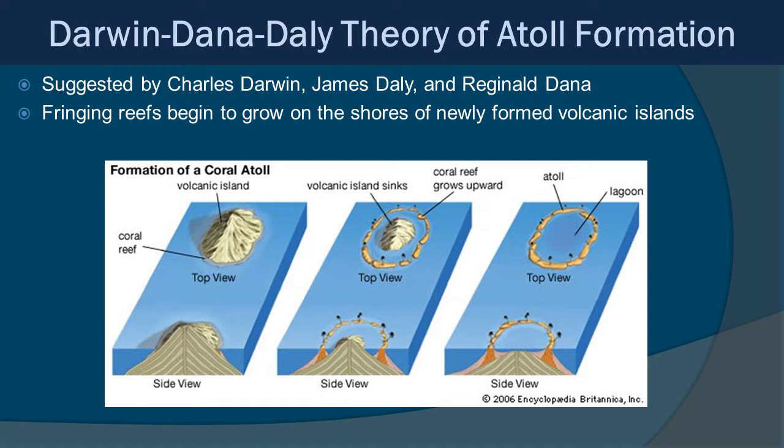What we start with when we talk about atoll development and formation is the formation of a volcano, where it emerges from the surface of the water and creates a bit of an island. From there, a fringing reef will begin to grow along the shoreline, just offshore of the island, creating a fringing reef around that island.